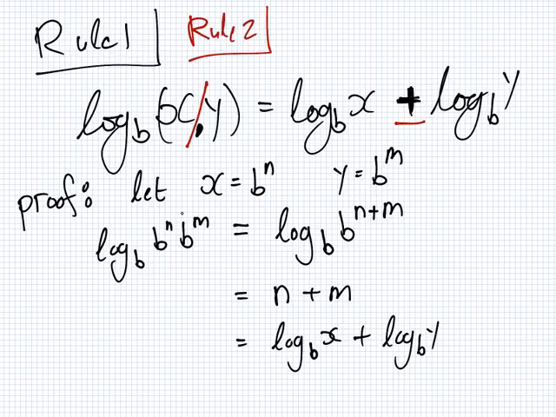Log base b of b^n over b^m is log base b of b^(n-m). This will be minus and this will be minus. So it's practically the same except divide and you have a minus, that's all, the only difference. Okay, so if we can write this down, this is rule 2.